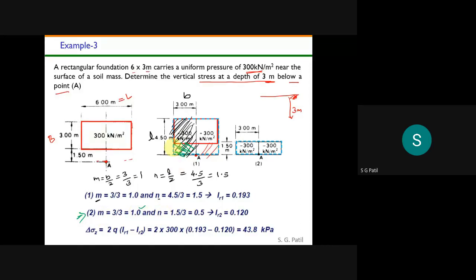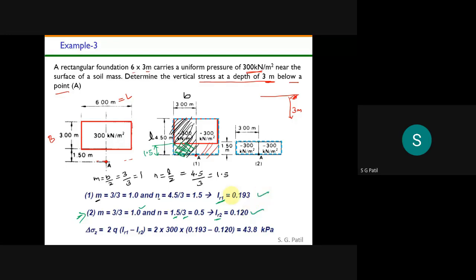It is just 1.5 meter. So that's why 1.5 by Z will give me the influence factor. So this is the influence factor IR1 due to this big rectangle, and the IR2 is the influence factor for this small rectangle.